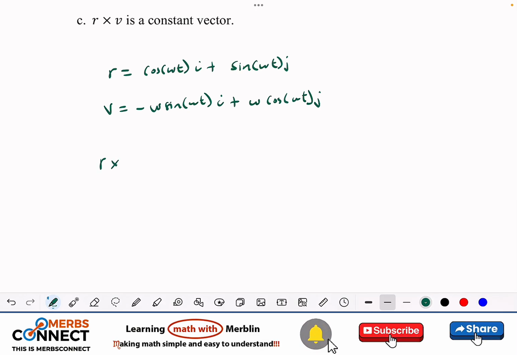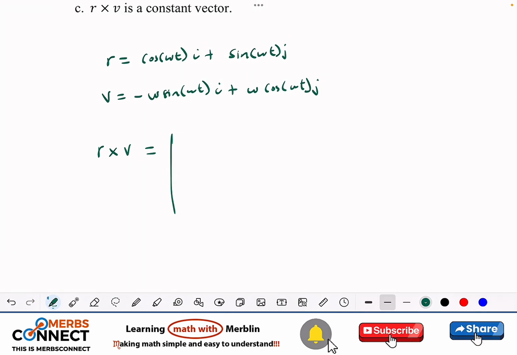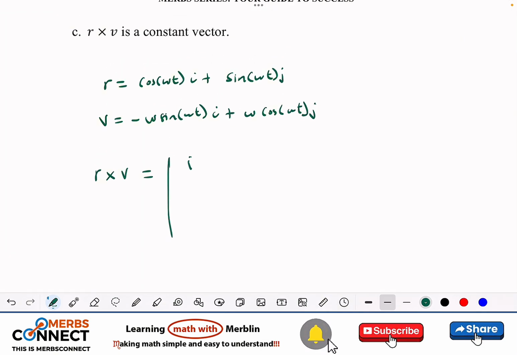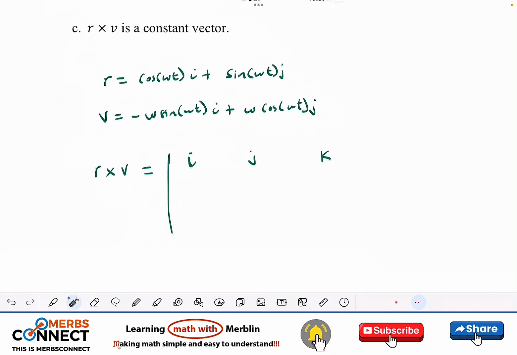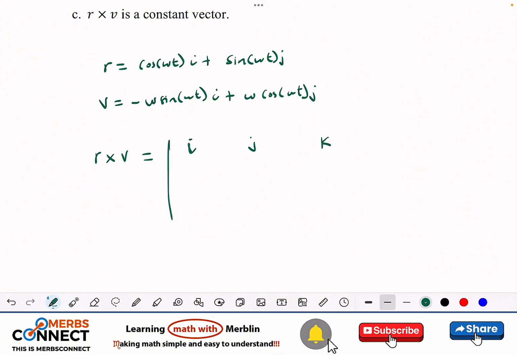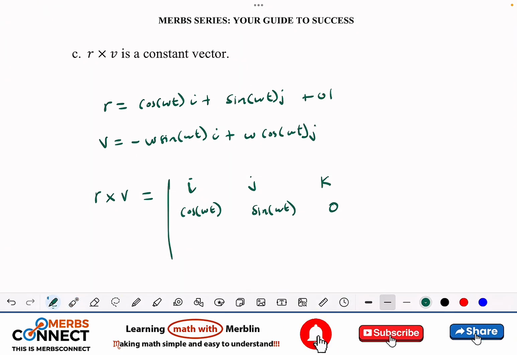So I need R cross V, right? So remember, with cross, we need i, j, and k. We can see that with the terms here, all the k terms are 0. So R will be cos omega t, and then sine omega t, and this one is 0 because we don't have the k term, because this is kind of like plus 0k.